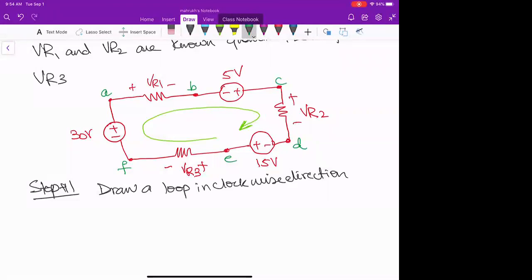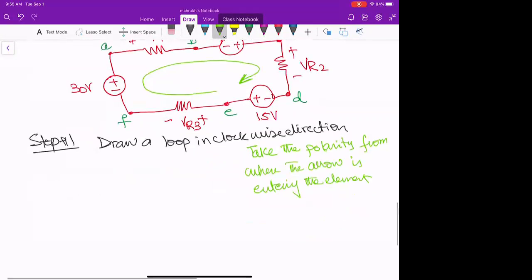Okay, so what this loop is suggesting: take the polarity from where the arrow is entering the element. Okay, so let's write it.